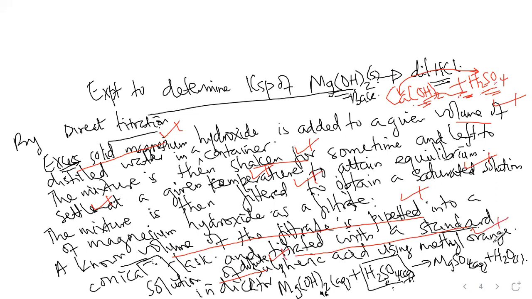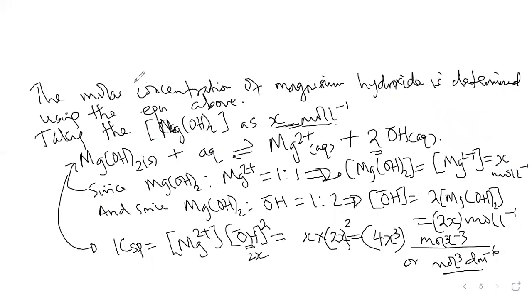Mention the indicator, write this equation. Get the molar concentration of magnesium hydroxide, give it a notation, that's the equation. Give this a mark, give this a mark, we give this treatment a mark, the expression for solubility product, and your final answer. So that would be our experiment.